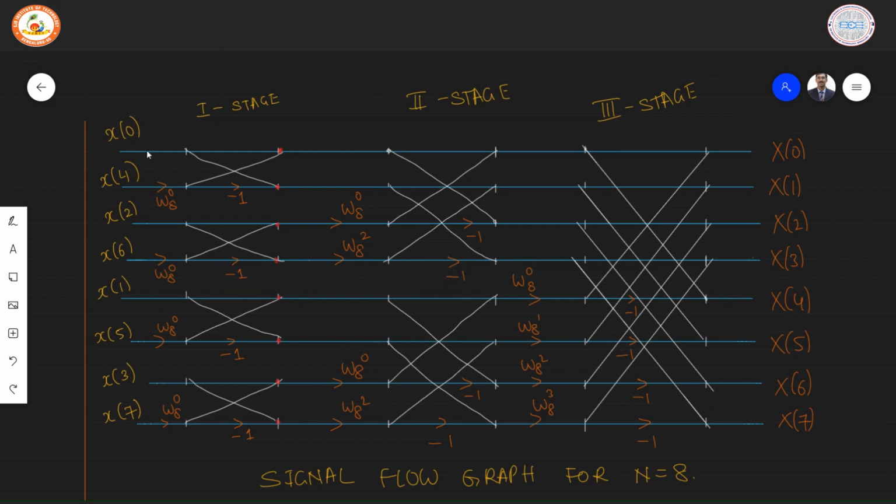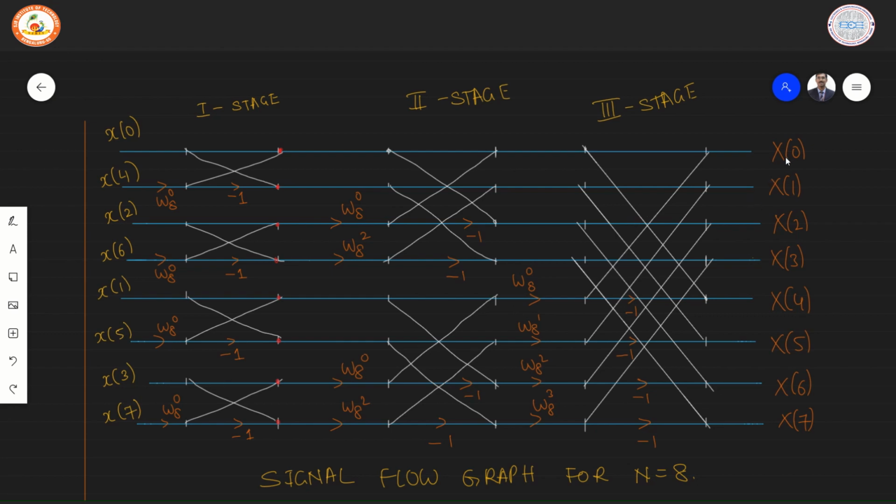Some quick observations about this structure. First, this structure has 3 stages. For n equal to 8, we have 3 stages in DIT. The input index is not sequential. In fact, this is called bit reversed indexing.